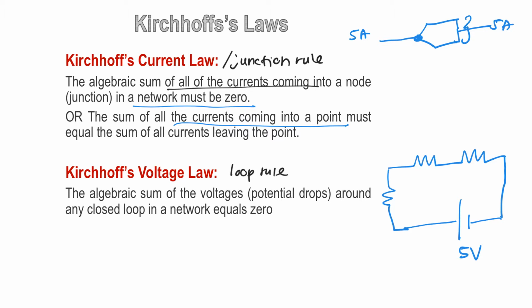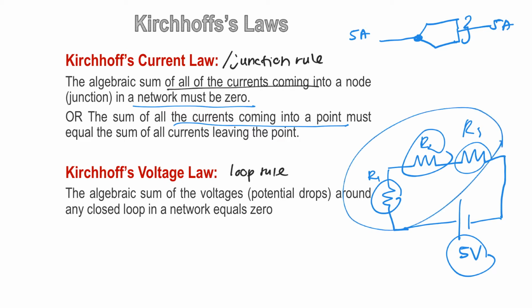So when you have this 5 volt, there's going to be a voltage drop at R1, at R2, and at R3, and the combination of voltage drops will be equivalent to 5 volt. For example, the voltage drop at R1 may be 2 volt, then 1 volt, and then 2 volt. 2 volt plus 1 plus 2, you get 5 volt of voltage drop.